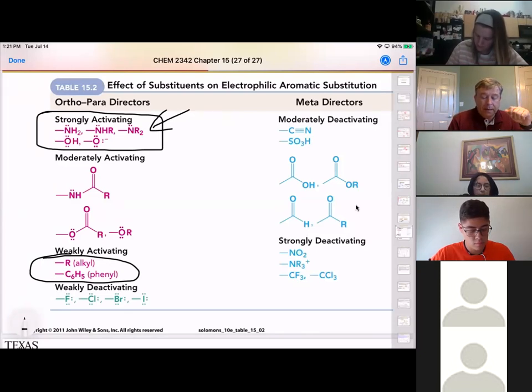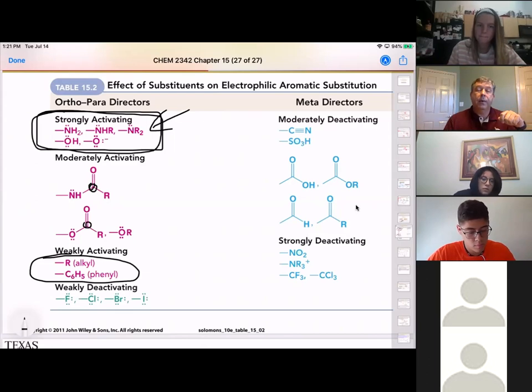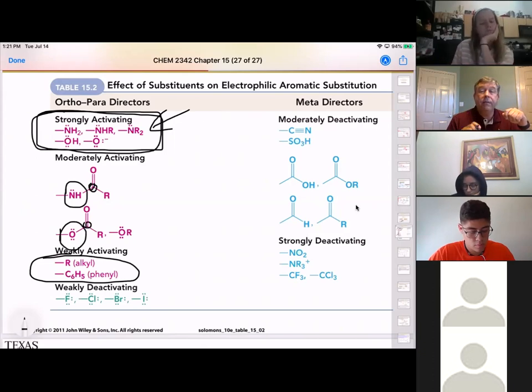Now, if we have these lone pair systems, however, we put a slight electron withdrawing group a bond away. So we have like an ester or an amide right here. We still have that lone pair available to us for resonance activation of our benzene ring. However, it does not have as much electron density as these strong activators.